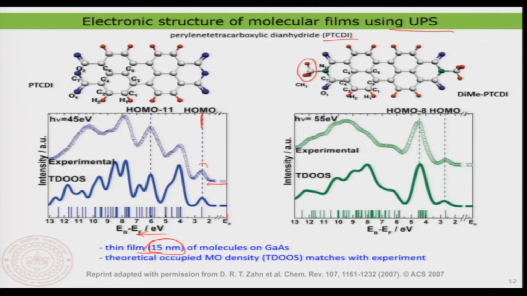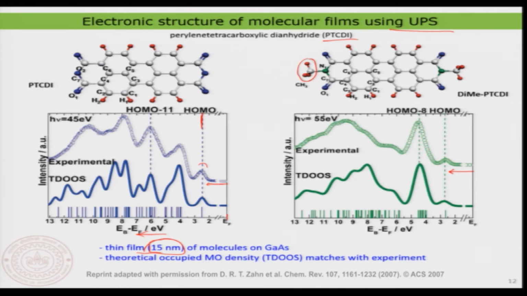Now you can see that I am doing UPS on two independent molecules as thick films on gallium arsenide, and the methylated molecule has a much larger gap from the Fermi energy. The first molecular resonance comes at about 2.5 electron volts with respect to the Fermi level, and in the other case it is a little bit less. That is the clear difference between these two molecules.